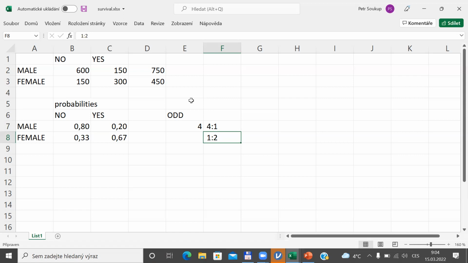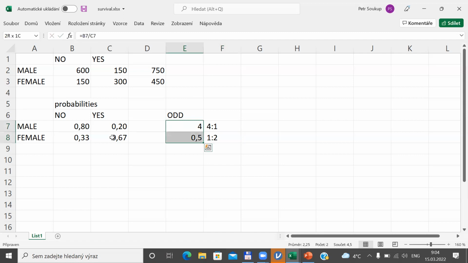So once again, if you have 3 female passengers on the Titanic, 1 on average died and 2 survived. So this is the ratio 1 divided by 2, or if you like, 1/2, or 0.5, would be here if I made the computation. So 4 and 0.5 are different odds.